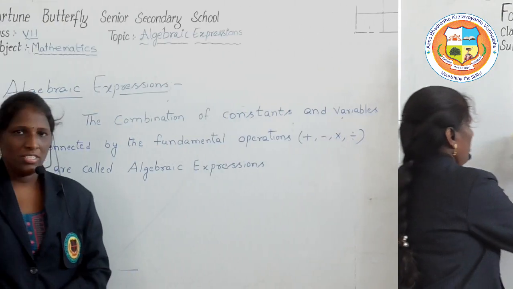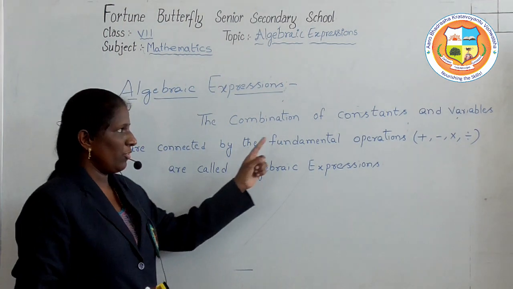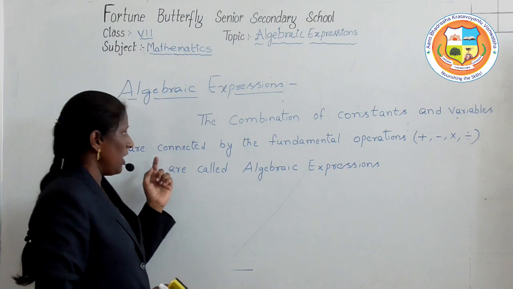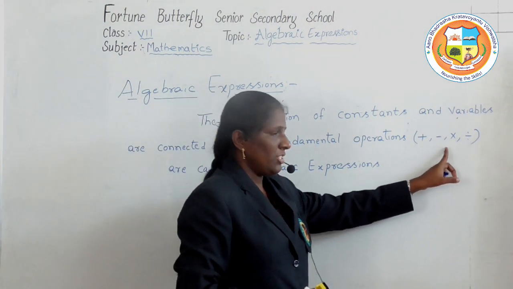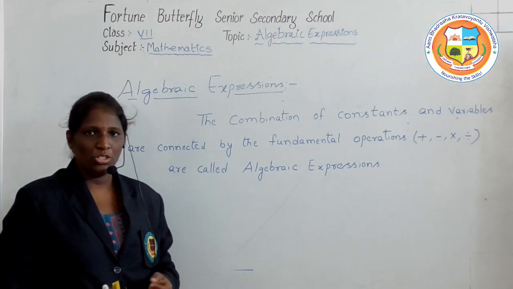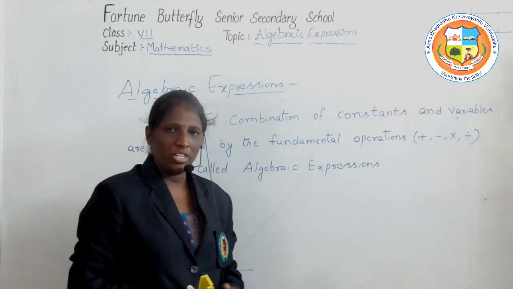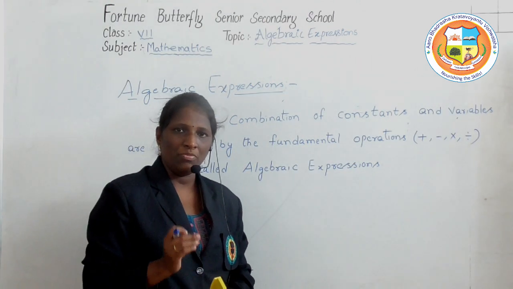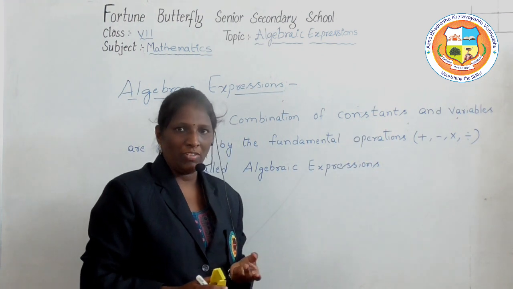Okay. Next, the main definition of an algebraic expression. The combination of constants and variables connected by the fundamental operators addition, subtraction, multiplication and division is called an algebraic expression. Already you know about constants. A constant is a symbol which has a fixed value, that means all numerical values.